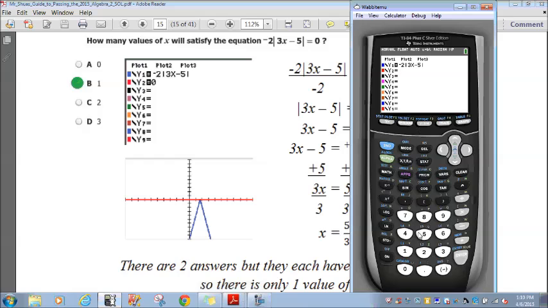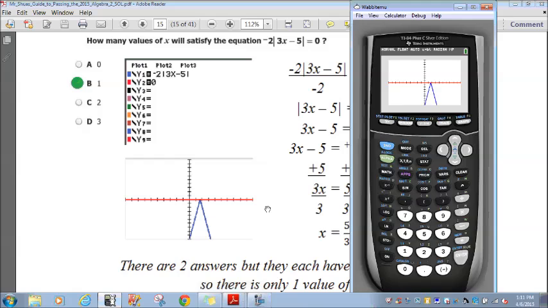So I'm going to go in y2, I'm going to hit 0. And let's graph this and let's see what it looks like. Okay, so it looks like we're just getting one value here. One value. So 1 looks like it could be our answer, but that's by graphing.